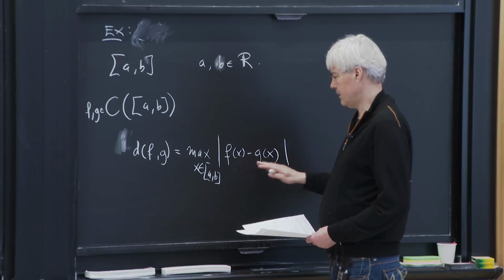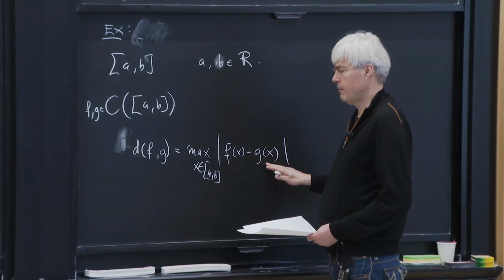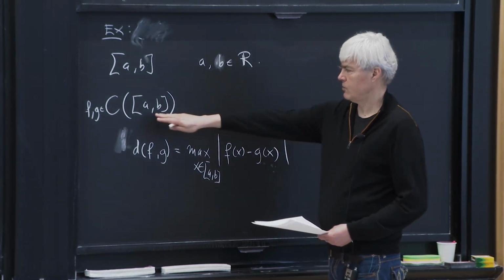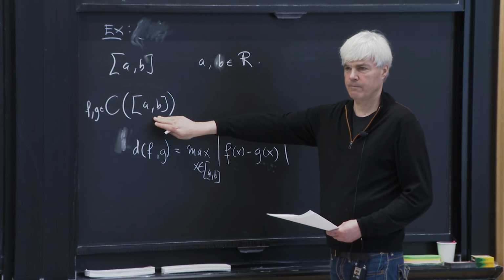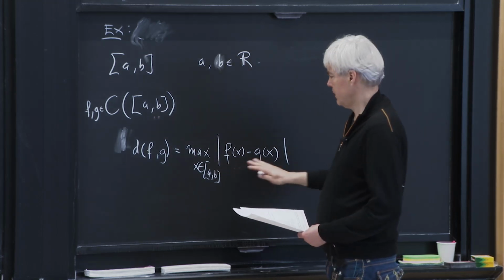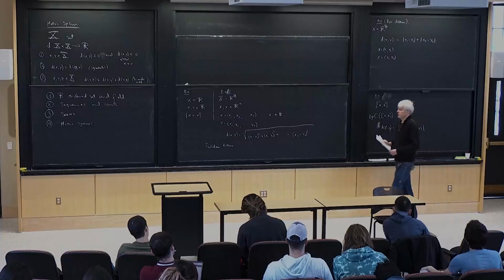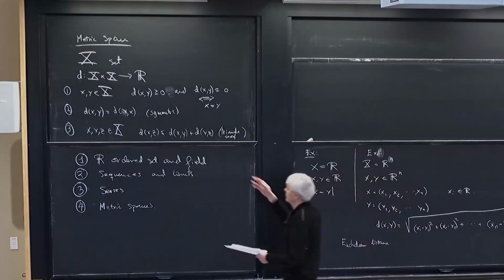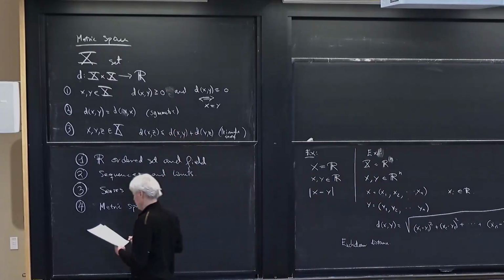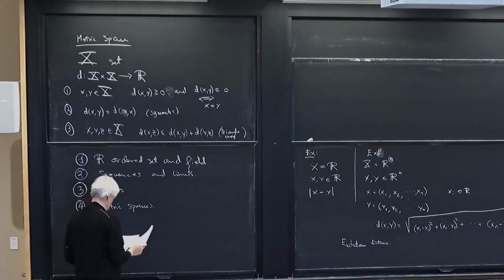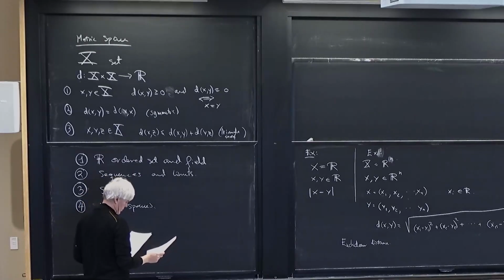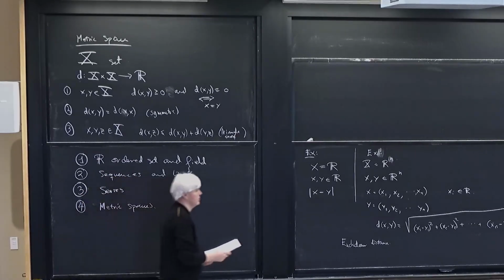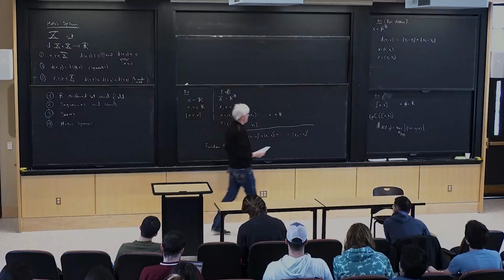And this means that the maximum, by the extreme value theorem, is achieved on an interval of this form. So this thing here is really achieved. And it's clearly non-negative, and it's easy to see that it has the other properties of a metric space. Okay, so these are just the examples that we talked about, and I just wanted to remind you.